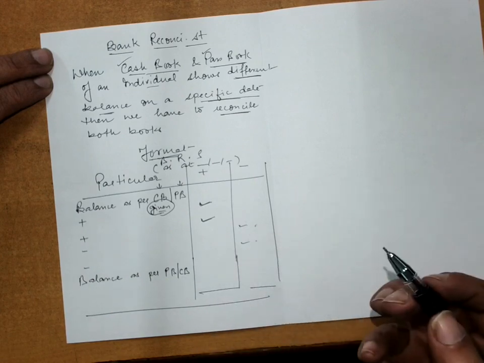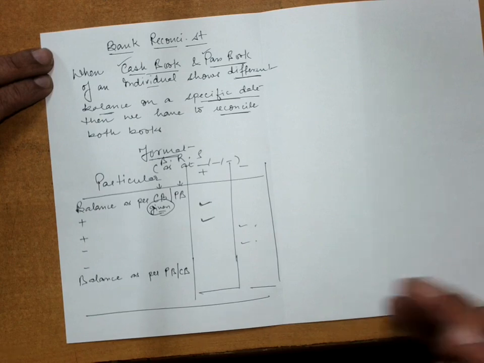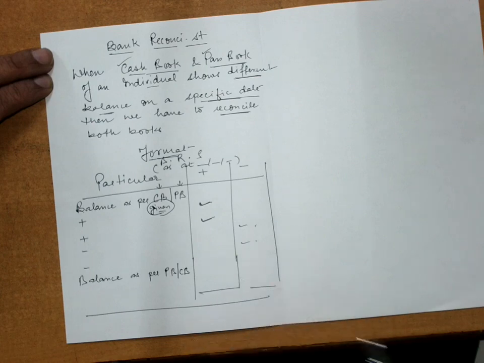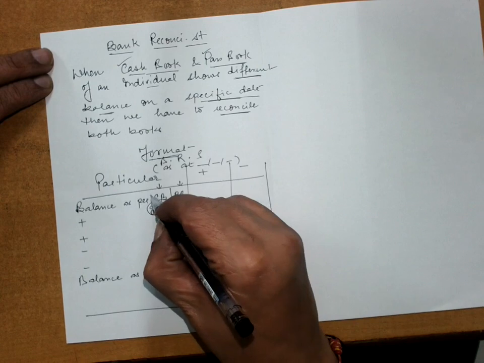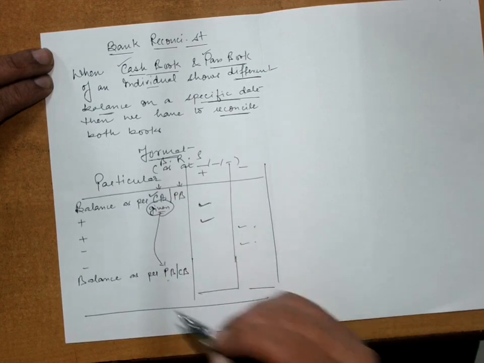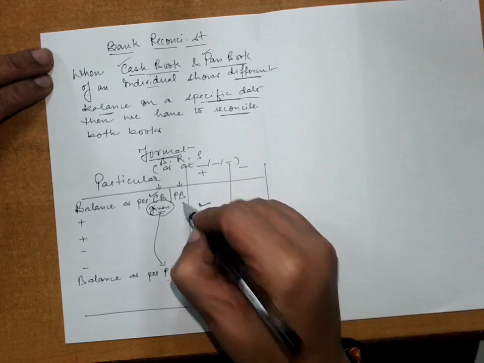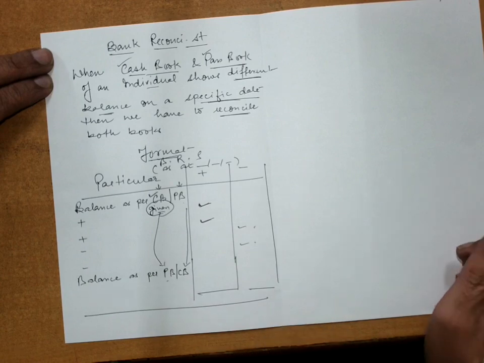Later on, after giving the impact of each and every transaction in a plus or a minus column accordingly, we'll recompute the balance of other book. Other book means if the balance of cash book was given, you will be calculating balance of passbook. If the balance of passbook is given to you in the question, you would be calculating as an answer balance of cash book.